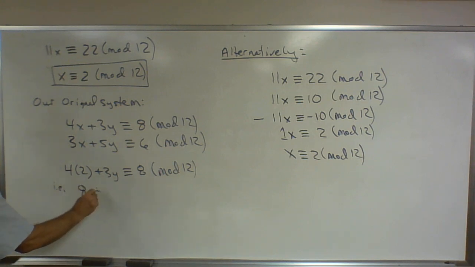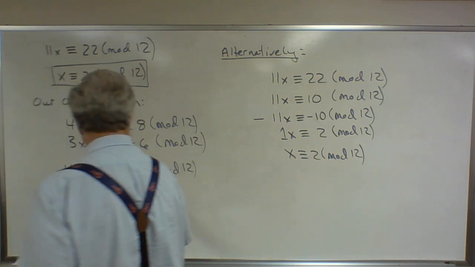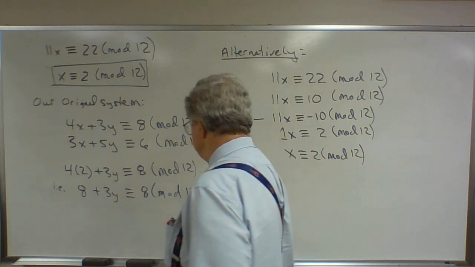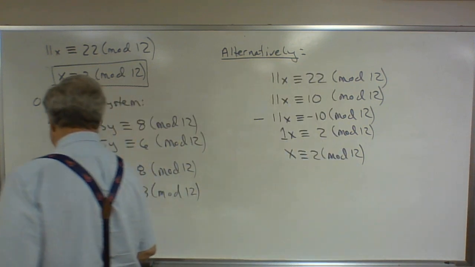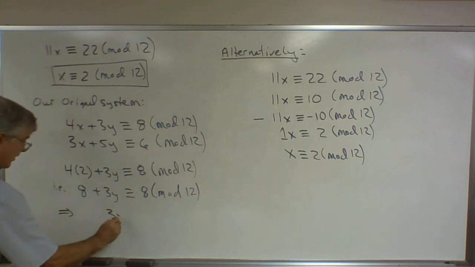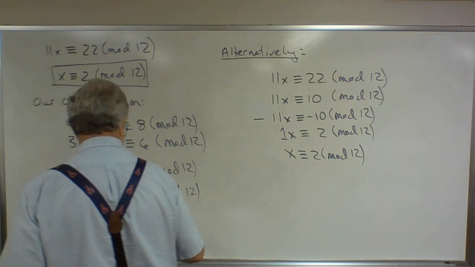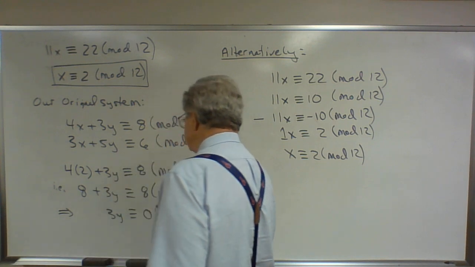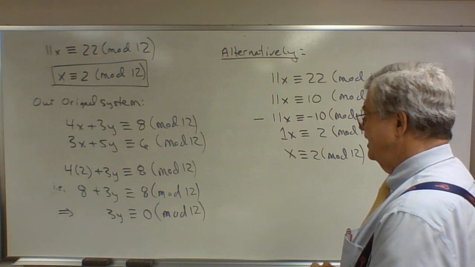That is 8 plus 3y is congruent to 8 mod 12. And we'll just subtract 8. 3y is congruent to 0 mod 12. Okay.